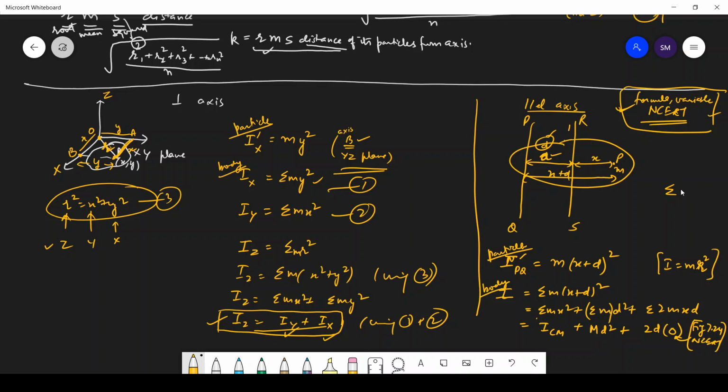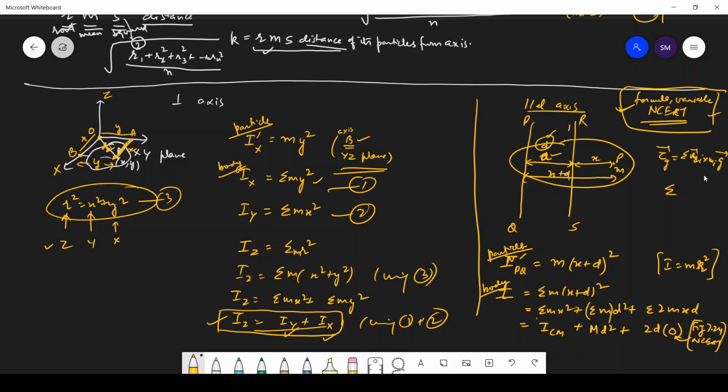Because of rotation, the net tau is equal to summation mi ri cross mi g, and that's equal to 0.